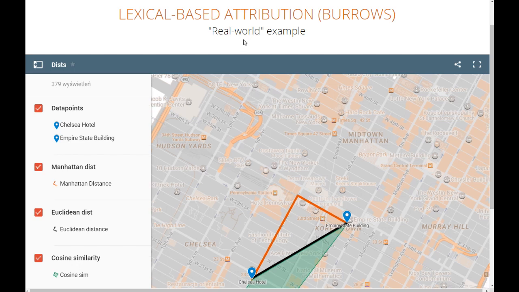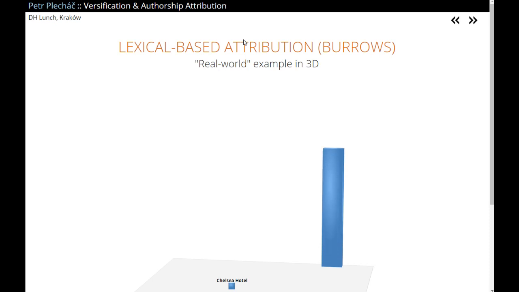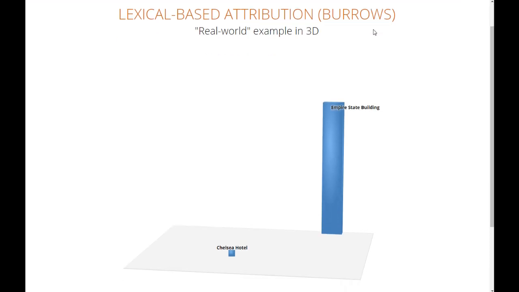And there's no reason to stay with the two-dimensional space. We can move to three-dimensional space and ask the same question: how to get from the Chelsea Hotel to the very top of the Empire State Building. The principle remains the same. We get a person walking along avenue and street and then taking the lift. We sum up these distances and we have a Manhattan distance.